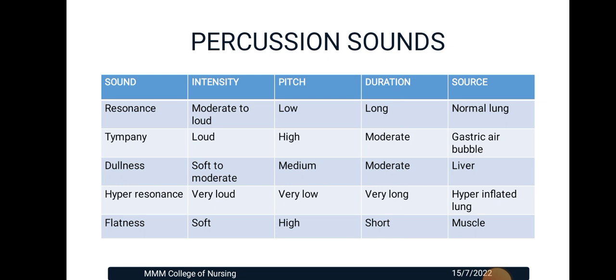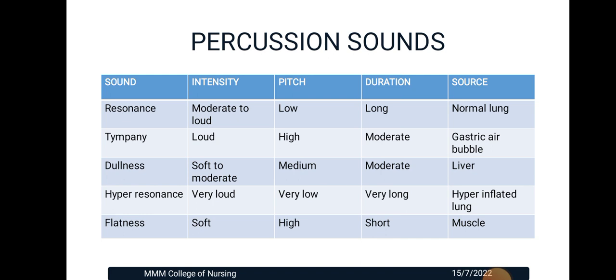Percussion sounds: intensity, pitch, duration and sources. Resonance: moderate to loud, low pitch, long duration, normal lung. Coming to the sound tympany: intensity is loud, pitch is high, duration is moderate, source is gastric air bubble.